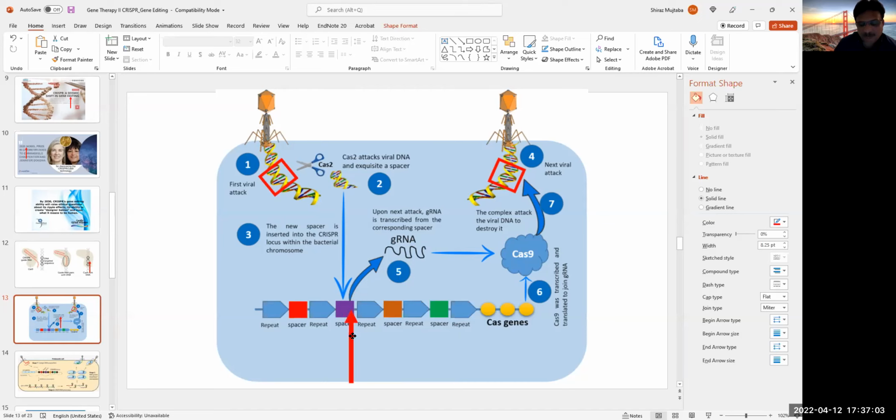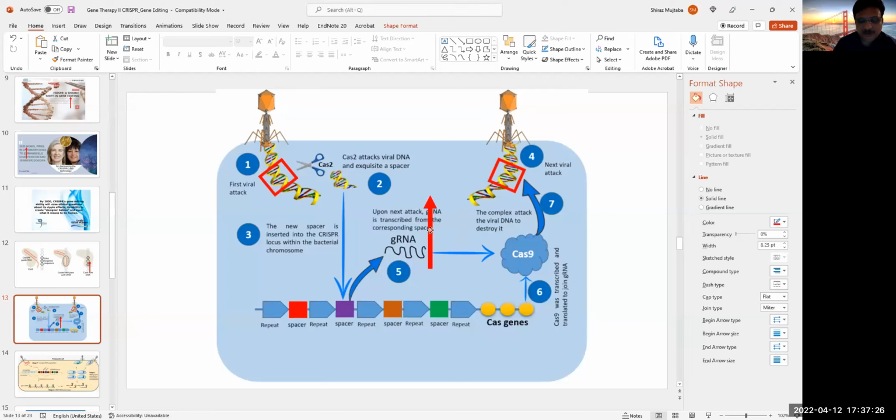And then this will make RNA. This RNA will serve as a probe, just like a searchlight. And if it gets infected a second time with the same bacteriophage, this RNA and the phage DNA will form a heteroduplex. But before that, this RNA will work with Cas9 to destroy it.